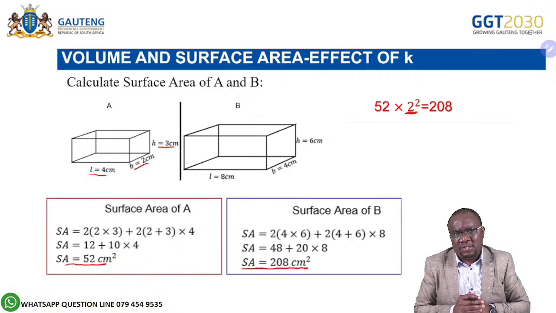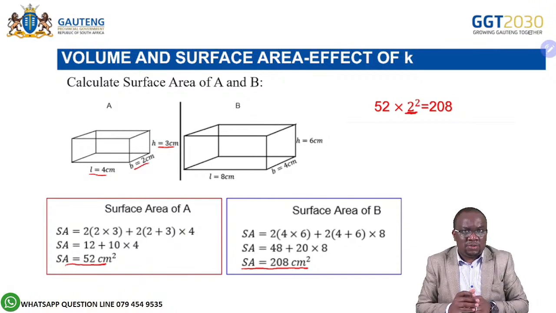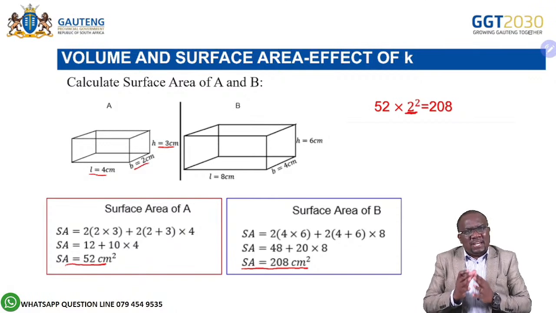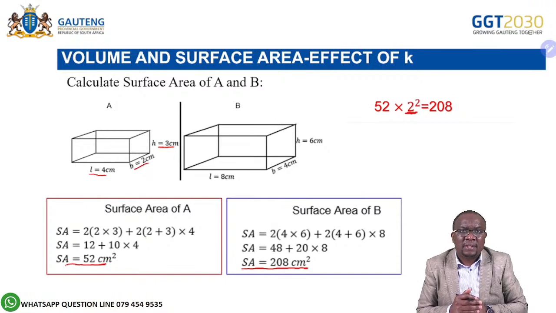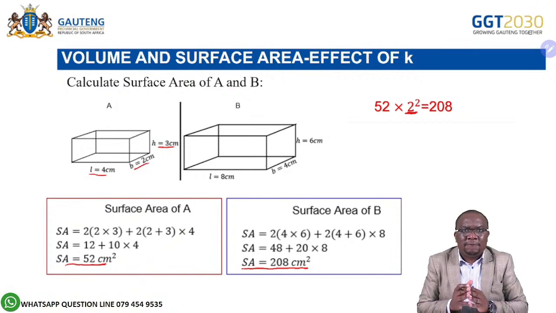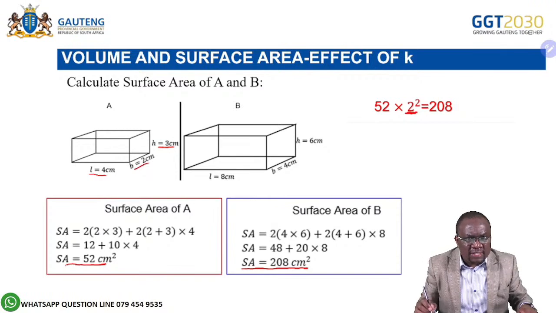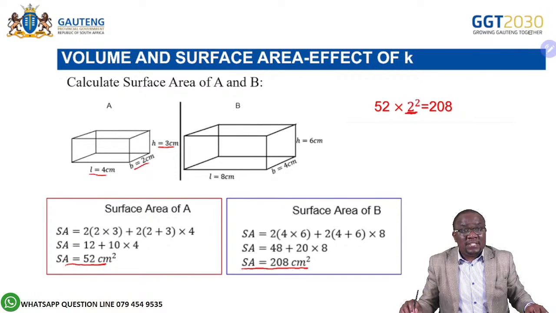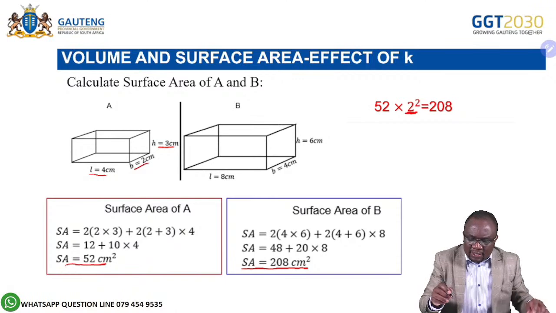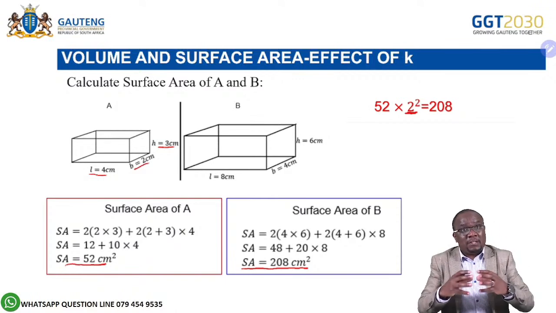So if the dimensions of a rectangular prism are multiplied by a factor of K, what will happen to the volume of the rectangular prism? It is going to be multiplied by a factor of K squared. You see that? It is very, very important. Let's say now the dimensions were increased by a factor of 2.